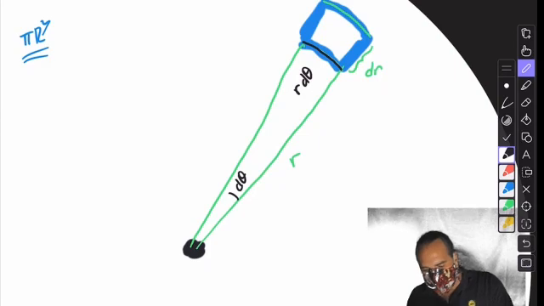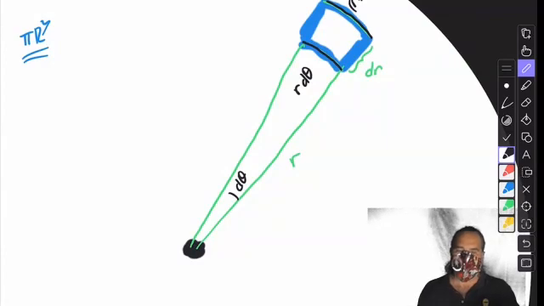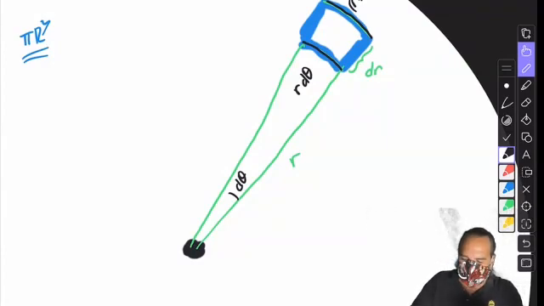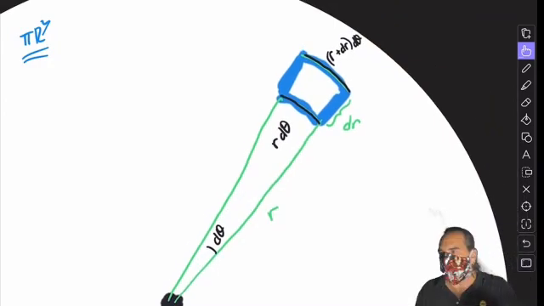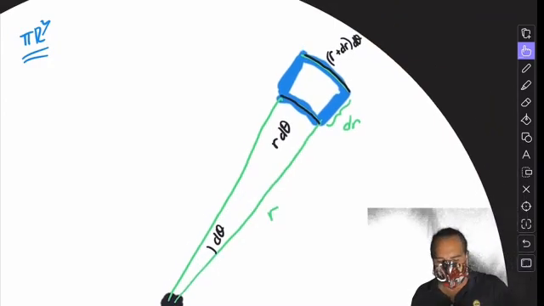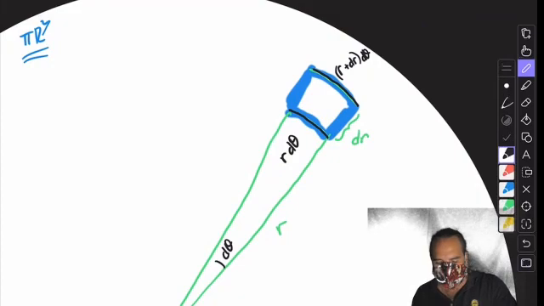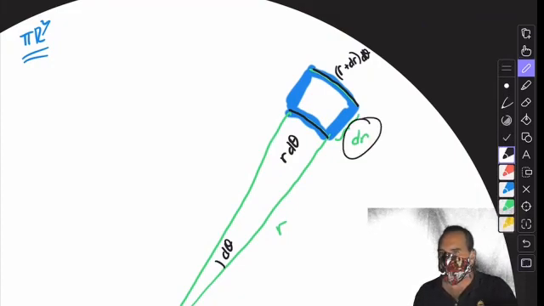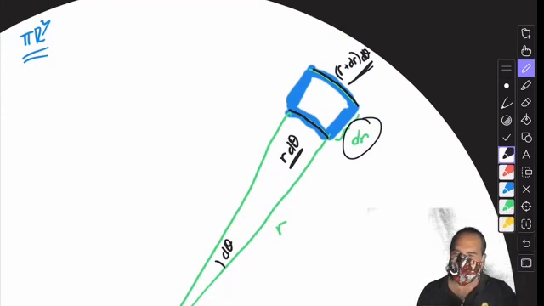Now this side is actually going to be r plus dr times d theta. I know that, and I know that that's not great. So I'm going to fudge it and say that if dr is really, really small, then this and this are probably almost the same size.